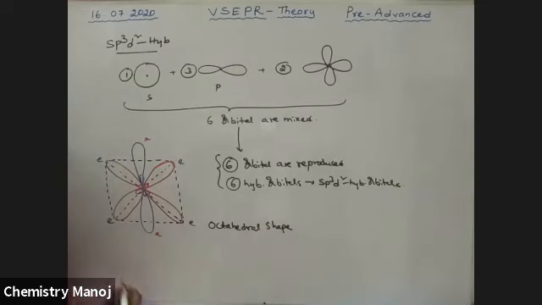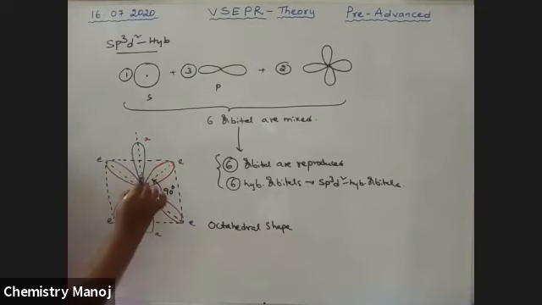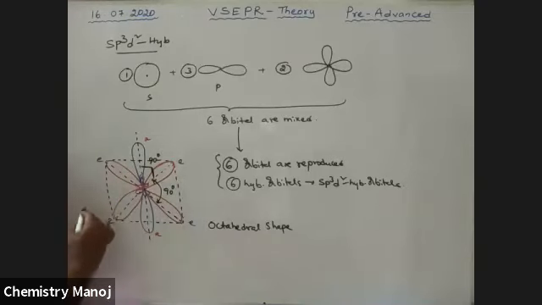Octahedral shape. See here, the bond angle between any two equatorial bonds is 90 degrees, and between axial and equatorial also 90 degrees, because they are perpendicular.